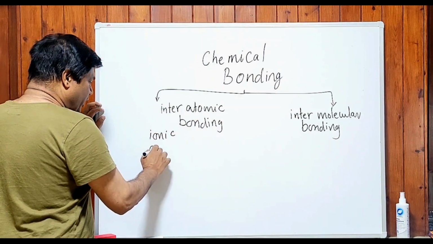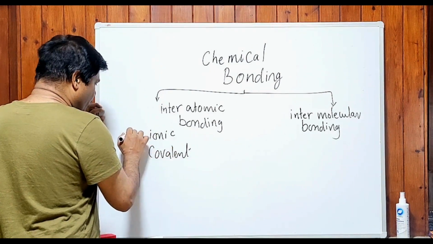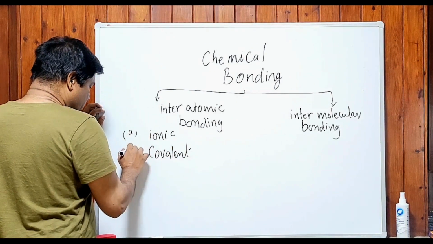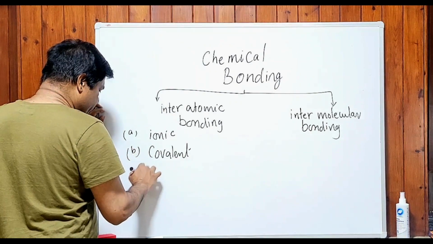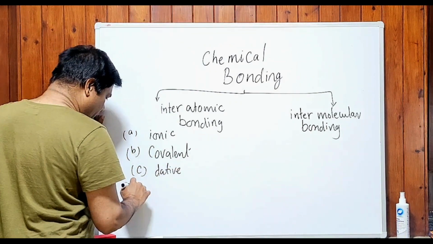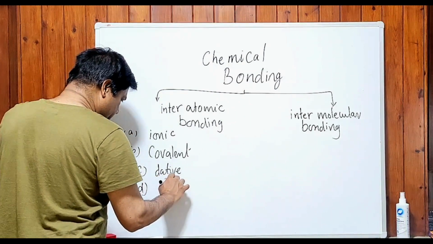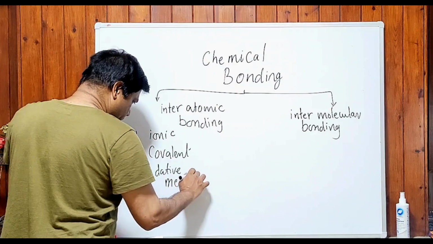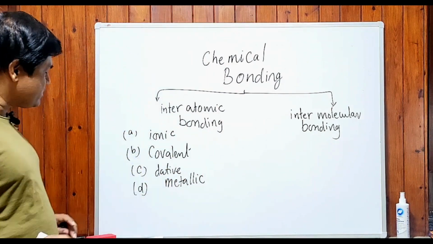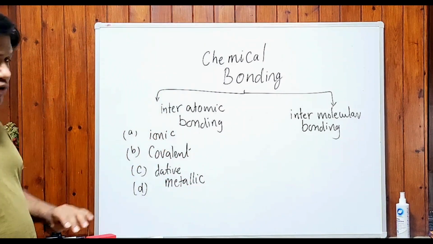Then we have covalent, extension of covalent, which is a dative bonding, dative, and the last one is metallic. First, we will discuss all these interatomic bonding.